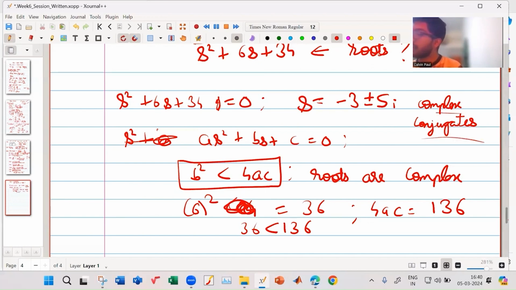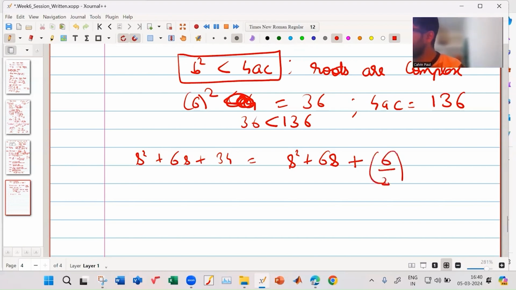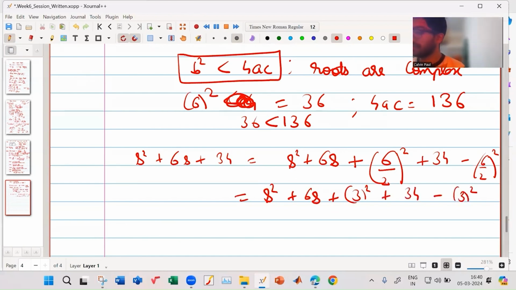Now we found that our roots are complex conjugates. Then what should we do? We have this equation S square plus 6S plus 34. We write it in the form S square plus 6S plus (6 upon 2) square plus 34 minus (6 upon 2) square.